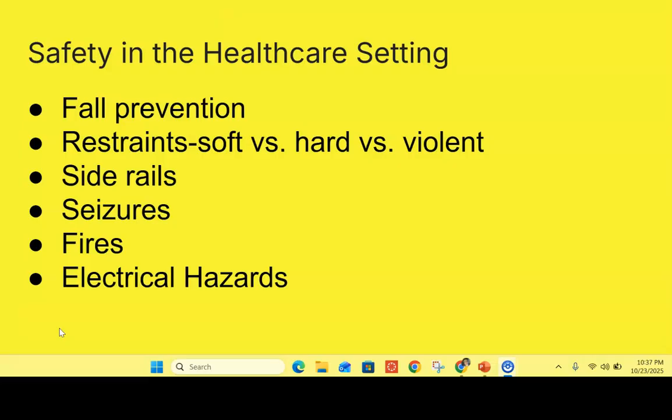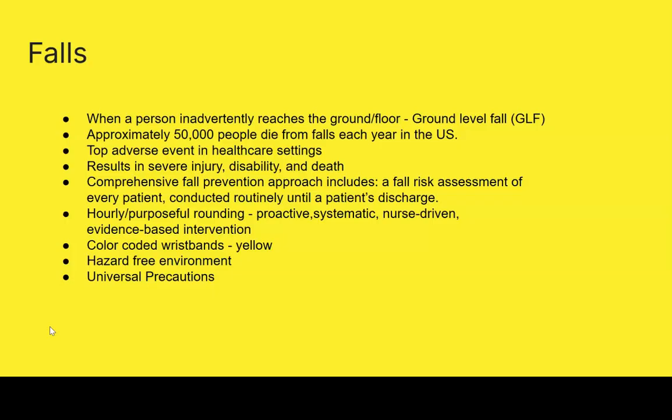The biggest one is your fall prevention, and you have restraints, the use of them, soft versus hard restraints versus violent restraints, how to use the side rails appropriately, seizure prevention, fires and preventing fires, but also how to put them out, and electrical hazard.